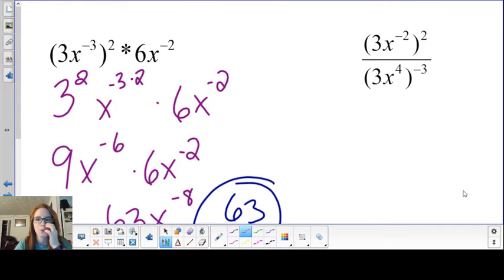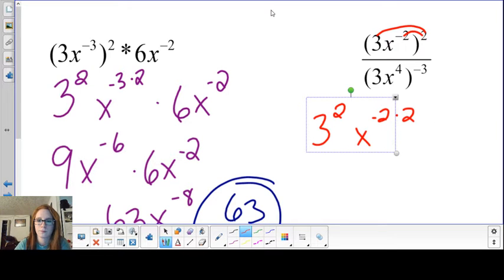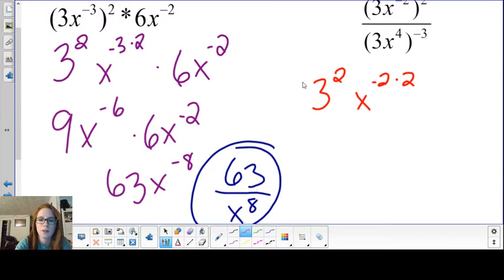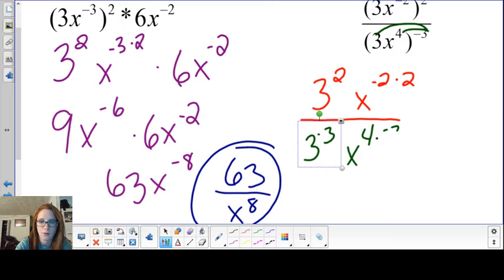All right, multiple stuff going on at once. So we have to simplify in parentheses if we can, and we cannot, so we first have to do exponents. So everything on top gets that 2. So I have 3 squared and x to the negative 2 times 2. Then on the bottom, everything gets that negative 3. So I have 3 to the negative third, x to the 4 times negative 3.